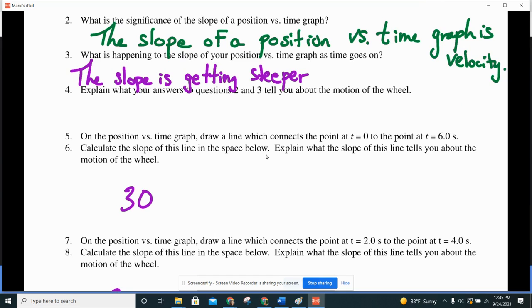Okay. Explain what your answers to question 2 and 3 tell us. What does 2 and 3 tell us? So 2 says what? Tell the people at your table. What does 2 say? Velocity is getting faster. Okay. And what does 3 say?